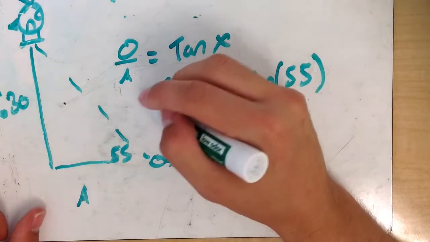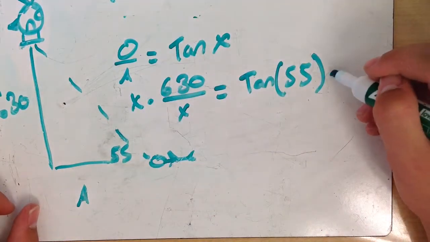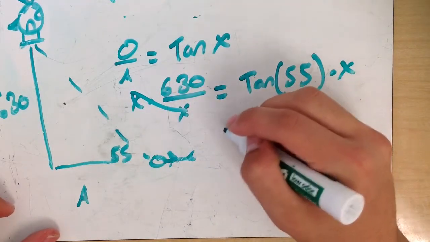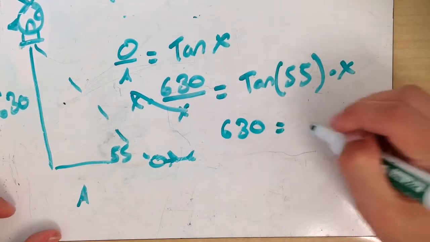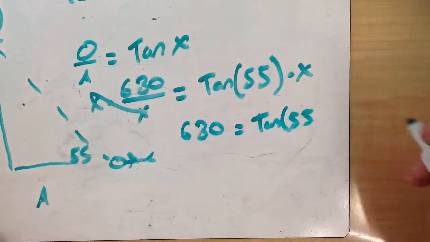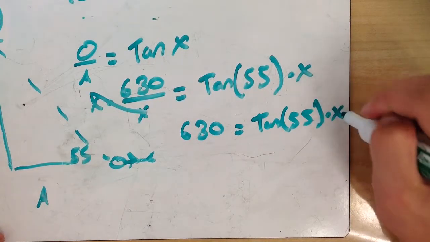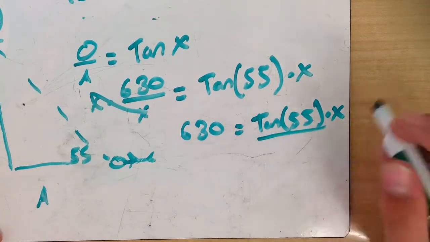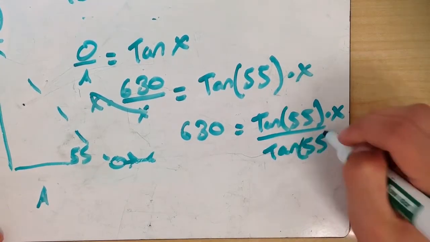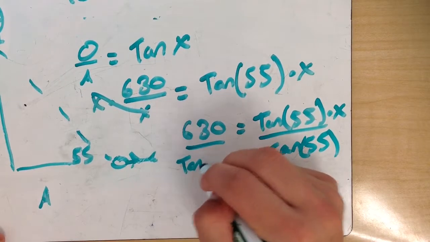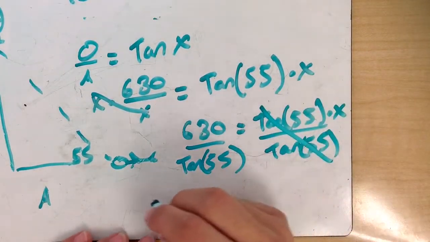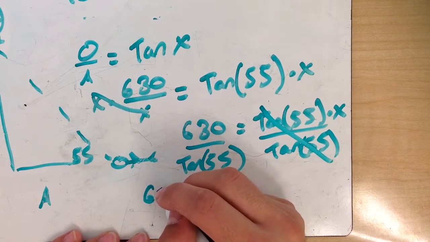Now to solve this, multiply both sides by x so that that cancels, which gets you 630 equals tan 55 times x. So to solidify the x, divide this by tan 55 on both sides, so that this cancels, and then plug this into your calculator.